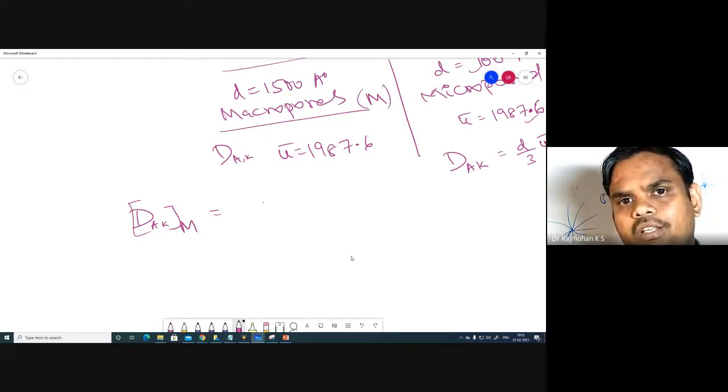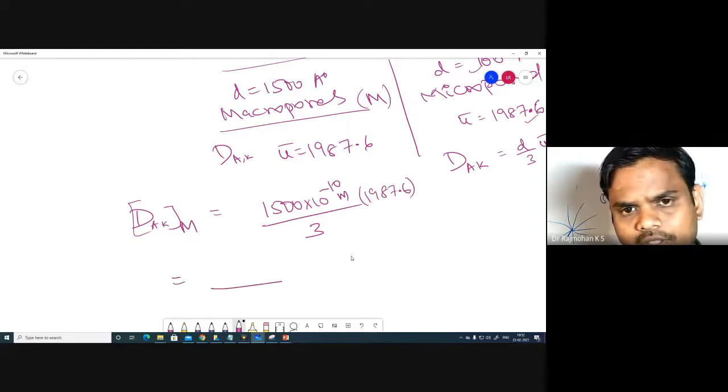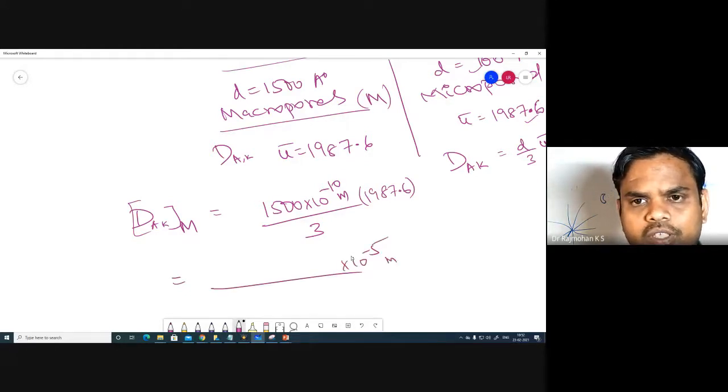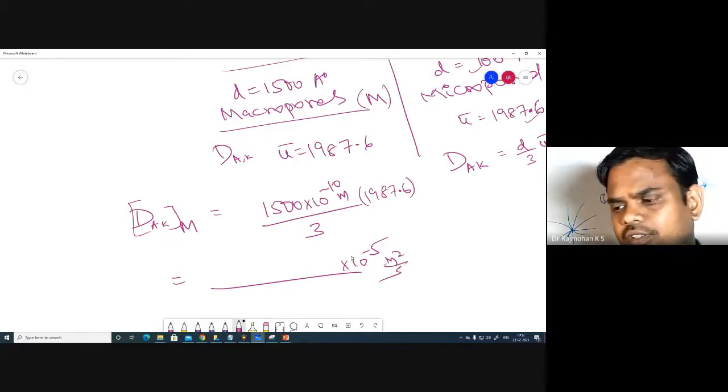So diameter here is 1500 angstrom into 10 power minus 10 meters, divided by 3, into 1987.6. So we get DAK in the range of 10 power minus 5 meters square per second. Very simple calculation. Use your calculator.